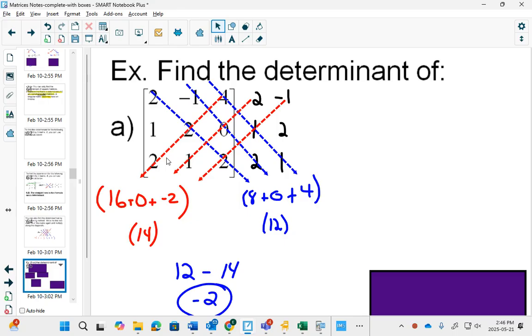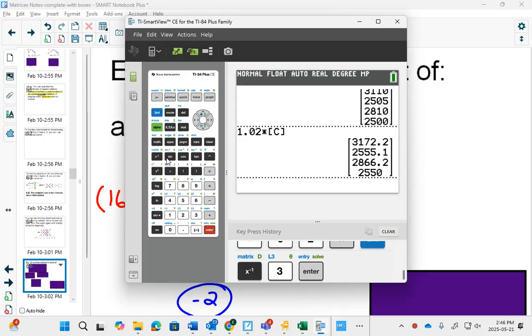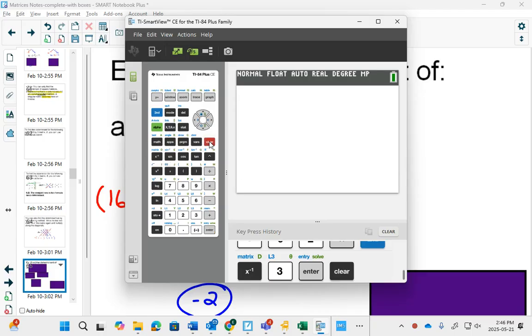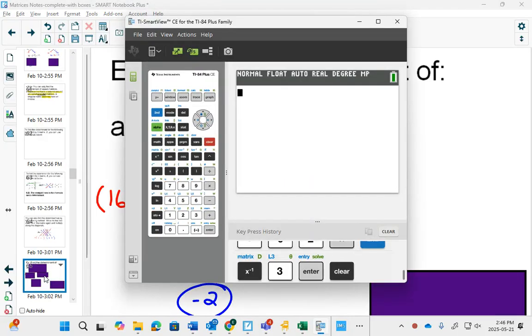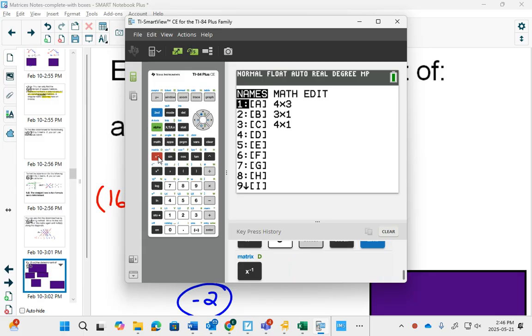There's also a determinant button on your calculator. So I'm going to take this matrix that we just had here, and I'm going to type it into my calculator. 2, negative 1, 4. So here we go. I'm going to go to second matrix, go over to edit.